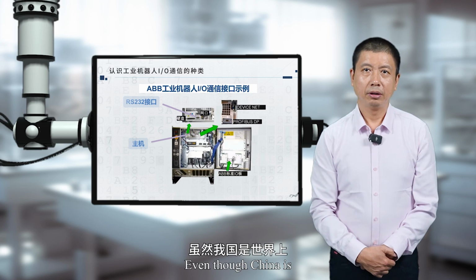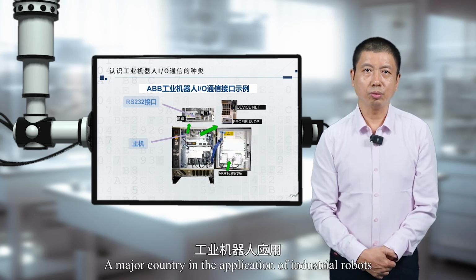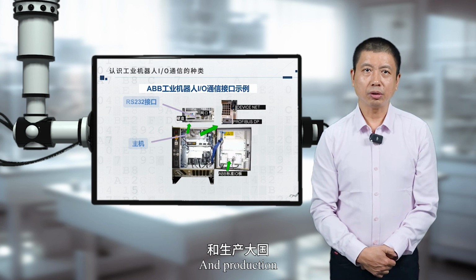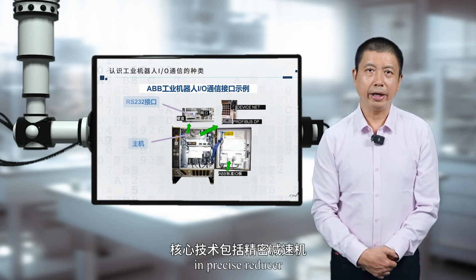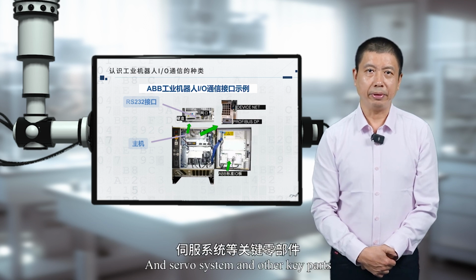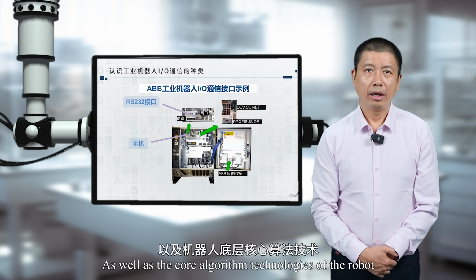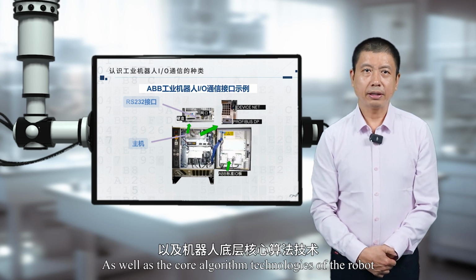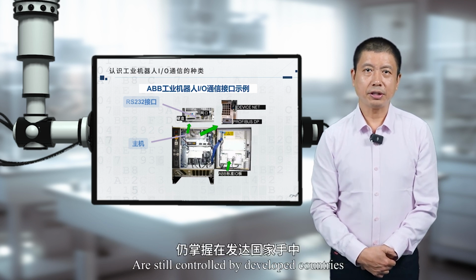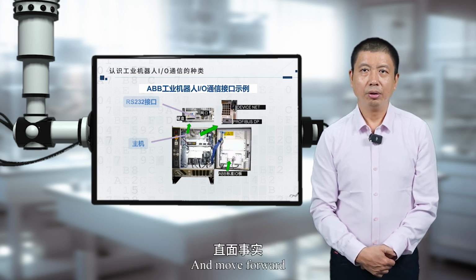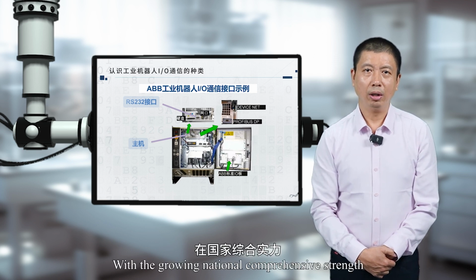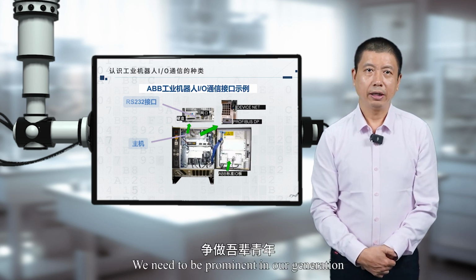Even though China is a major country in the application and production of industrial robots, the core technologies in precision reducers, controllers, servo systems and other key parts, as well as the core algorithm technologies of the robots, are still controlled by developed countries. We should admit the gap between countries and move forward. With the growing national comprehensive strength today, we need to be prominent in our generation.